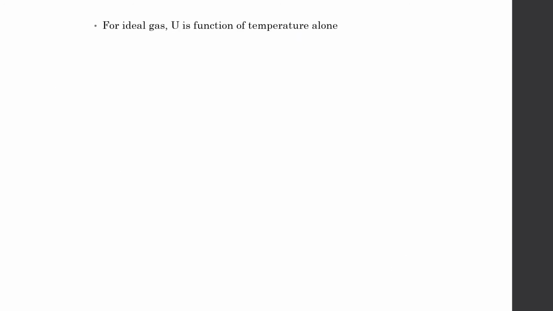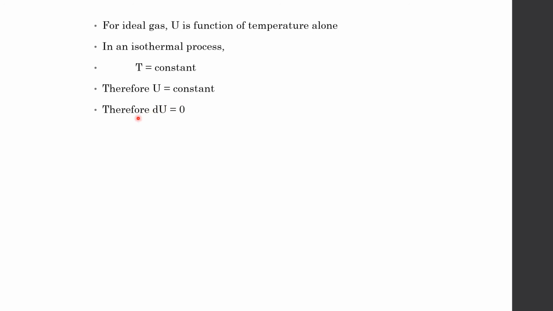For an ideal gas, the internal energy U is a function of temperature alone. In an isothermal process, the temperature remains constant. Therefore, the internal energy U is also a constant. Therefore, the change in internal energy dU is equal to 0.